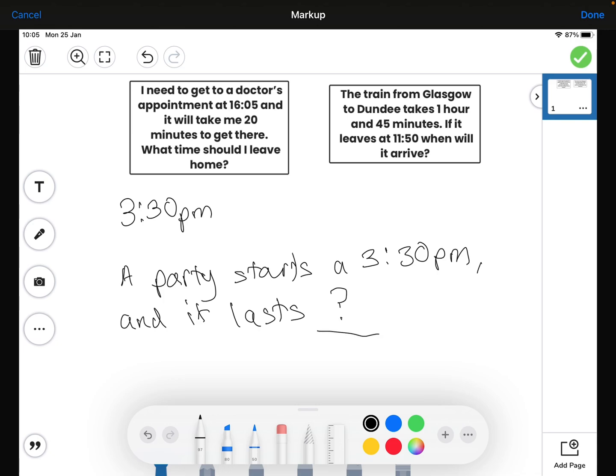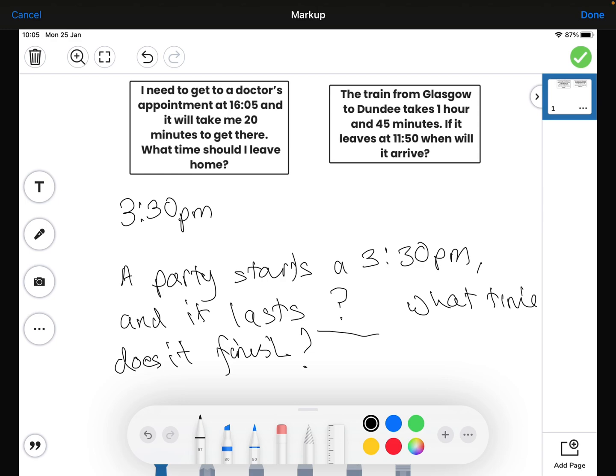You can make it really not too challenging. Don't say like 3 days or 4 days. We'll just stick to hours and minutes. So you could choose your duration, and then you could say, what time does it finish?